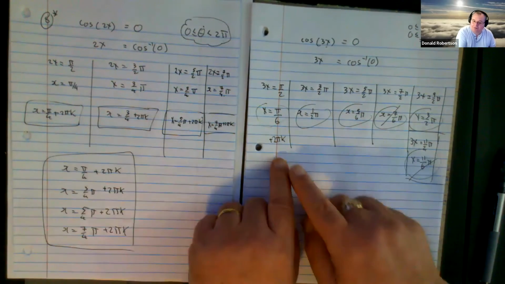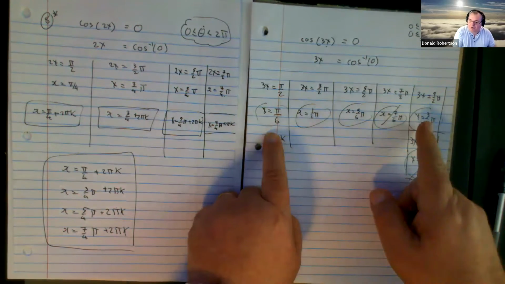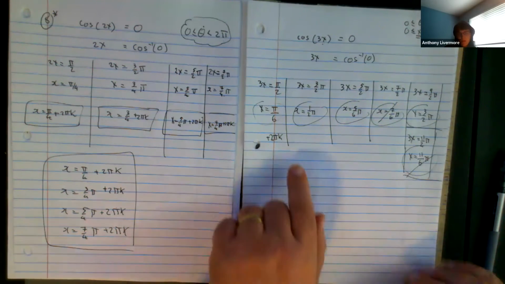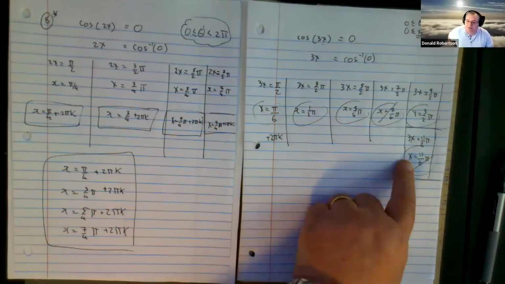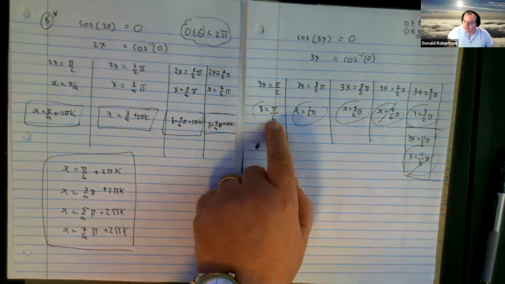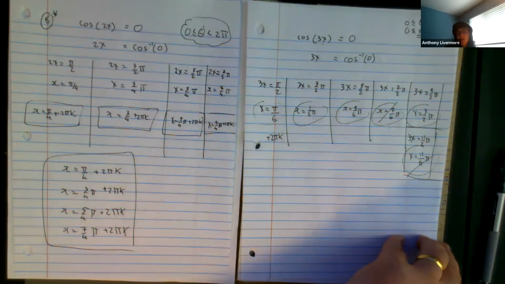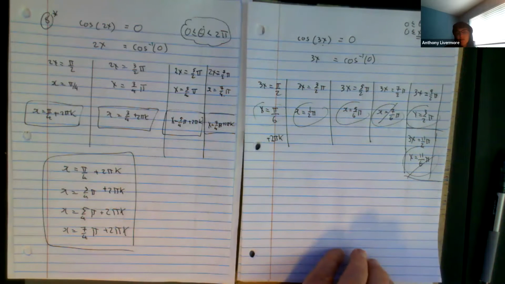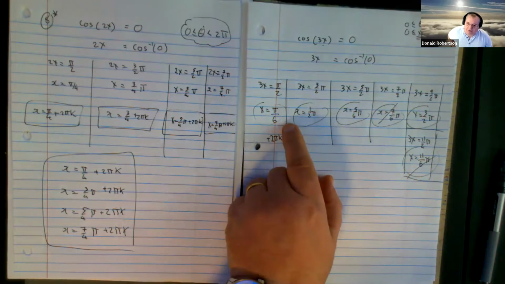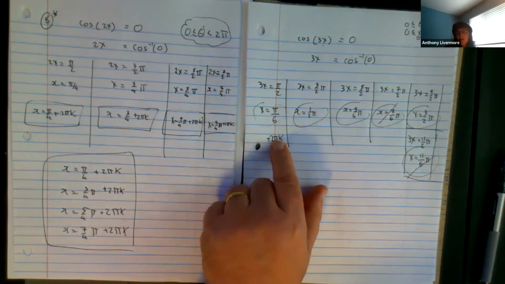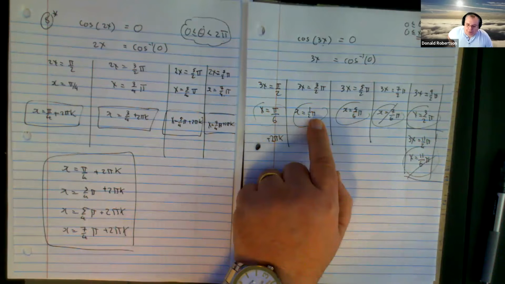What he's saying is, look, if you add 2 pi to that, you just get one of the other ones, right? That's what I'm hearing you say. Right. But if you add 2 pi to that, you don't get 11/6. You get 13/6. If you add 2 pi to 2 pi k, you'll eventually get 11/6 pi.